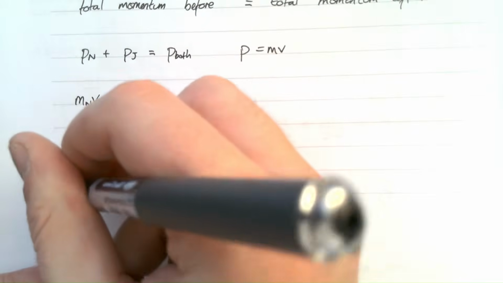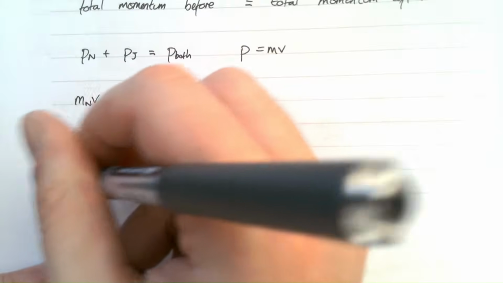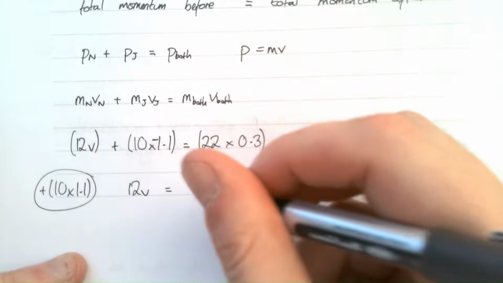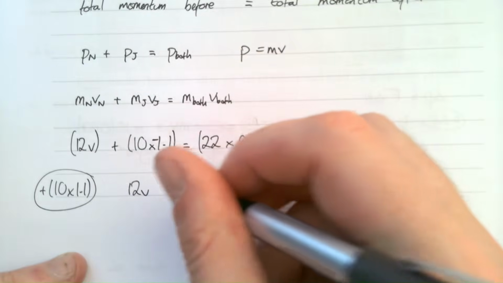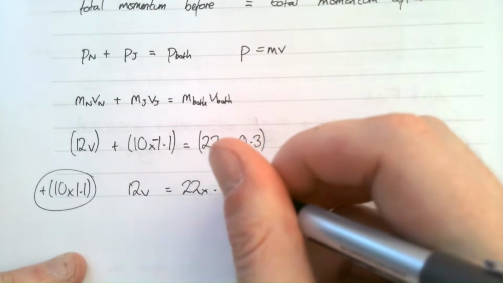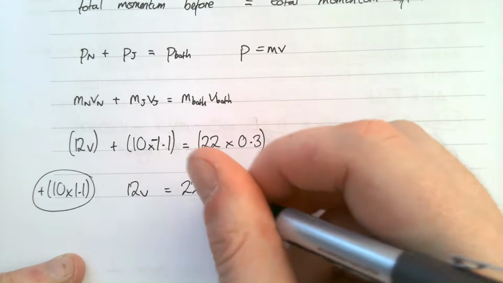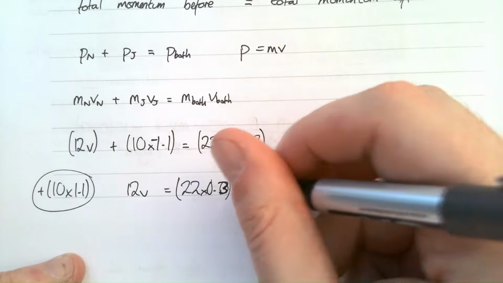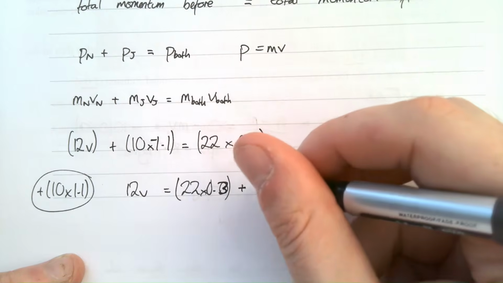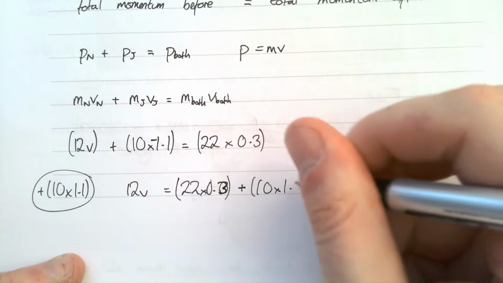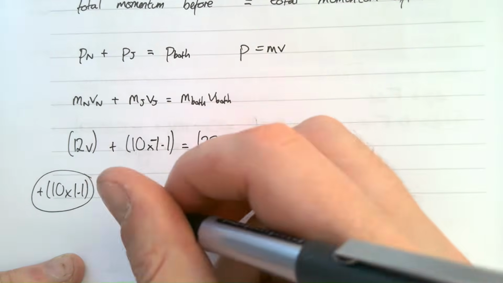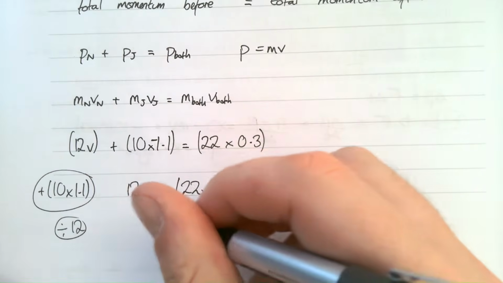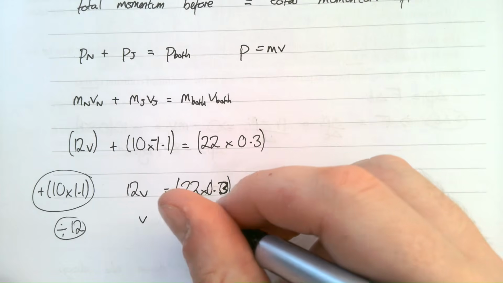Add 10 times 1.1 to both sides. Therefore, we get 12v is equal to 22 times 0.3 plus 10 times 1.1. And then we're going to divide both sides by 12. And it equals this whole thing.